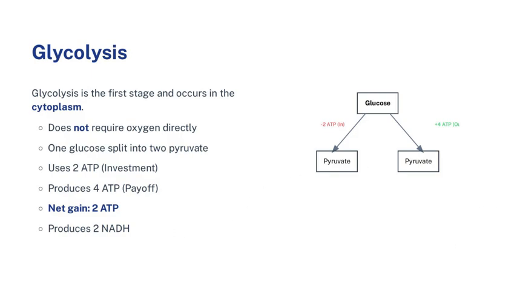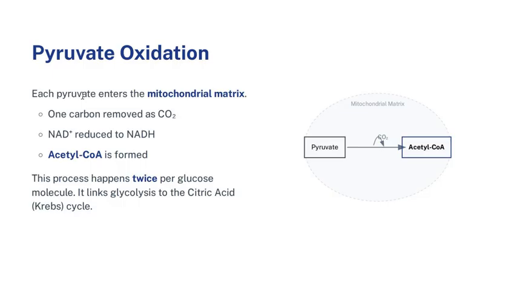Okay, next those move on to pyruvic oxidation, and that enters the mitochondrial matrix, and in the process one carbon is removed as CO2, and the NAD+ reduces to NADH.